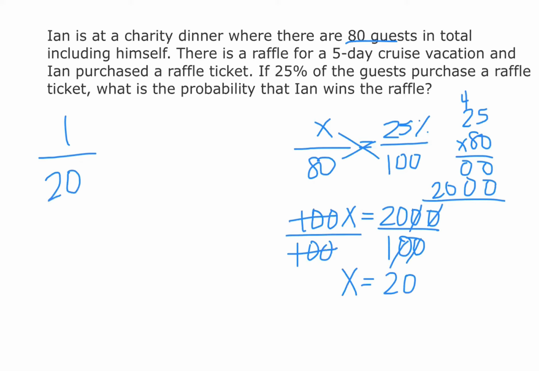Now, let's put this as a percent, just for fun, so we can practice. So step 1, we divide. 1 divided by 20. 20 goes into 1 0 times. 20 goes into 10 0 times. 20 goes into 100 5 times.